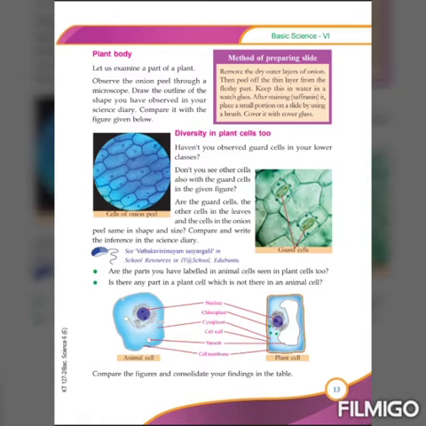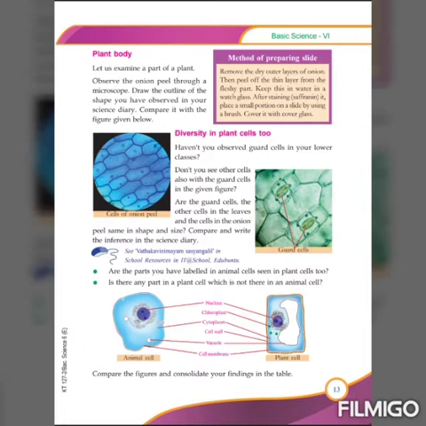Haven't you observed guard cells in your lower classes? We have learned about stomata and guard cells in our 5th standard. Now let's see the picture of guard cells. Don't you see other cells also with the guard cells in the given picture?